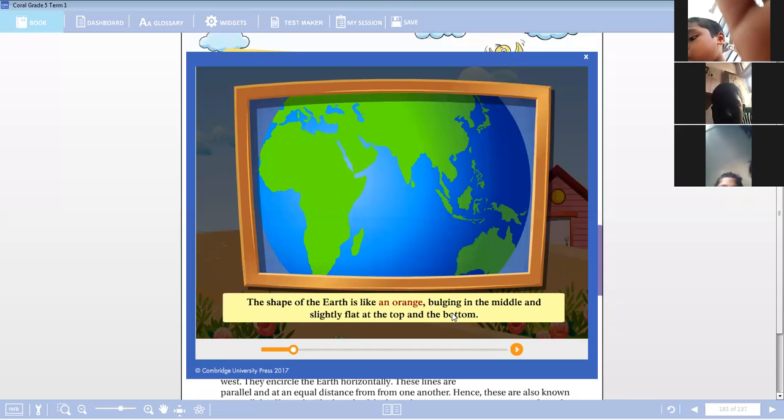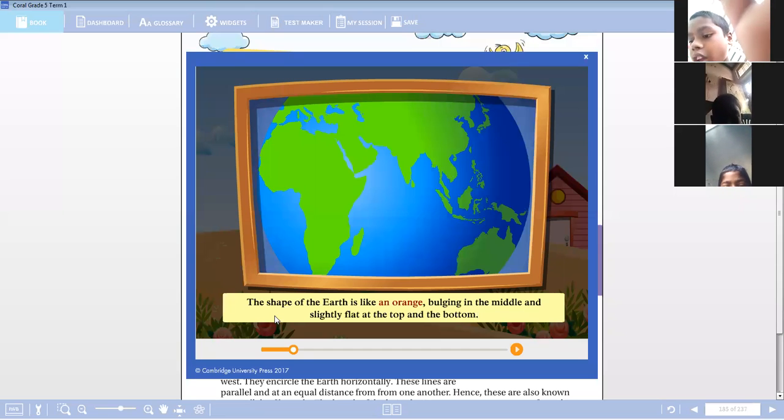Ferdinand Magellan, a Portuguese explorer, proved that the earth is not flat, it is round in shape, but just similar to an orange, because for an orange, the top north side and the south side will be a little bit flat, and the remaining will be bulged up.